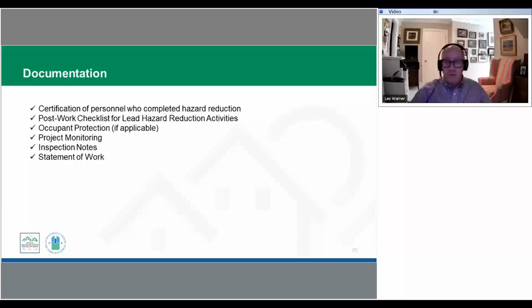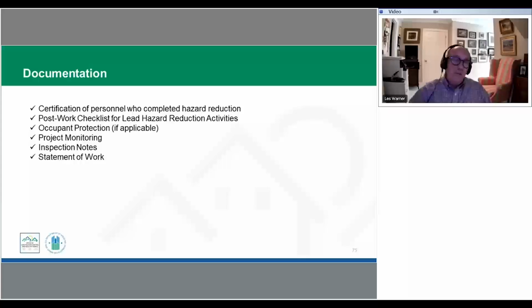So documentation that we would expect to see in that file, we need to have certification of all the personnel involved to make sure that they are appropriately certified. We're going to want to have a post-work checklist documenting the lead hazard reduction activities, that it's been done in compliance with our lead-safe housing practices. Anytime we have an occupied unit, being able to document that the occupant and their belongings were treated appropriately.